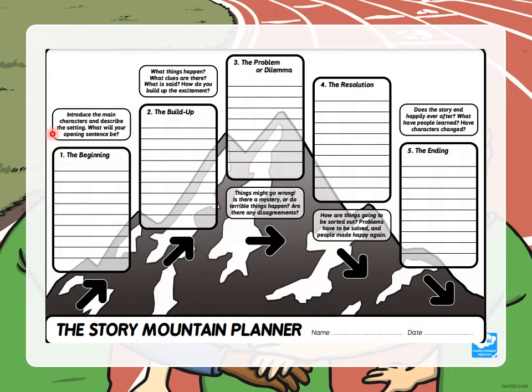Please do not write paragraphs. It's just quick ideas. You could even just draw a picture for each part of your story mountain, because this is just to help you later on when you're writing your story. So please do not include too much detail here. It's just to help you plan your story.